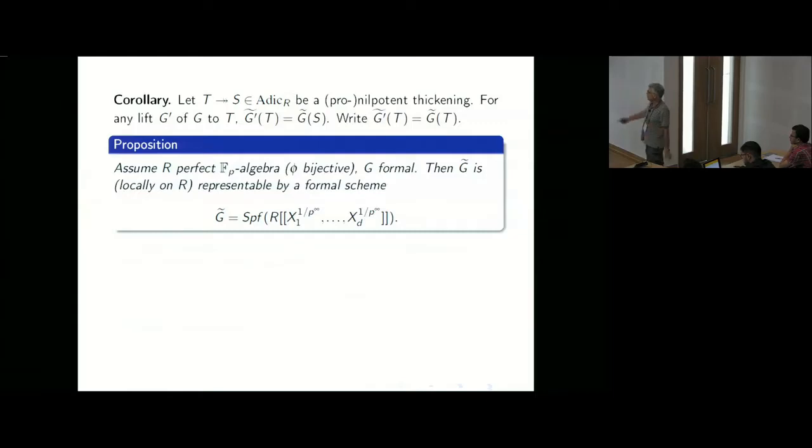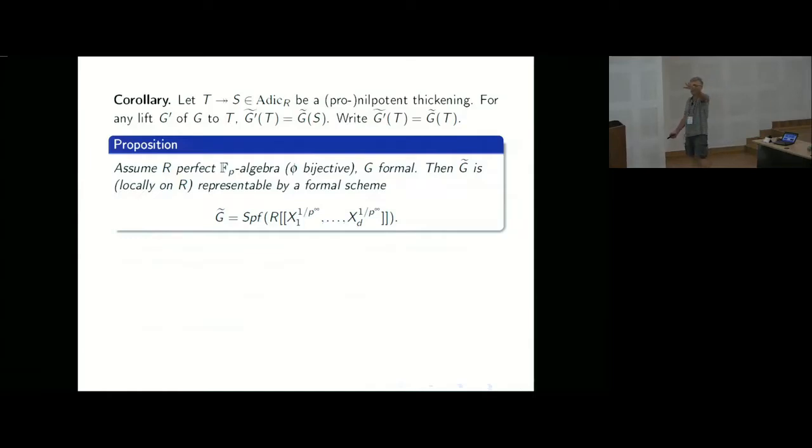And then G was represented, of course, as a scheme, forget about the group structure, by R with power series in d variables, and its universal covering will be representable by, again, as a scheme, I do not tell you what the group structure here is, but as a scheme, by a formal scheme, by power series with variables x1 to the 1 over p to the n up to xd to the 1 over p to the n for all n, and completed in the x1 up to xd adic topology. Okay, so that's a shorthand notation.